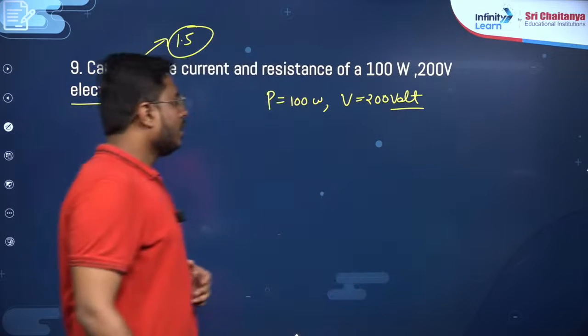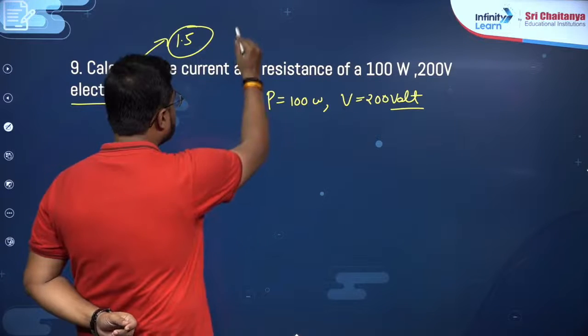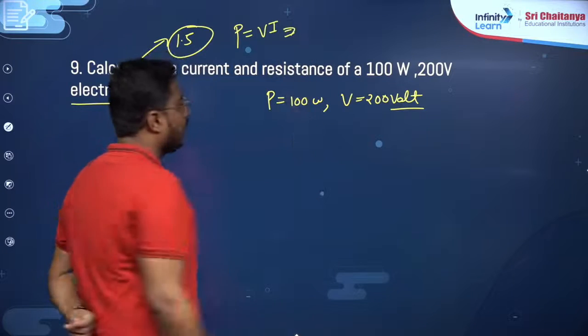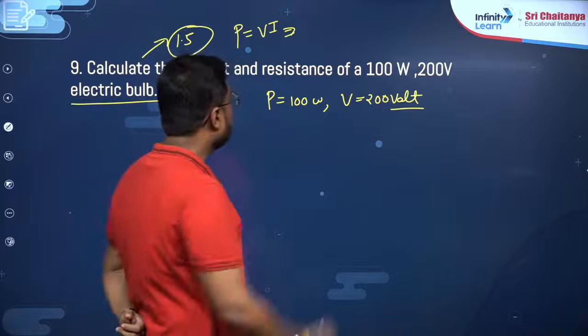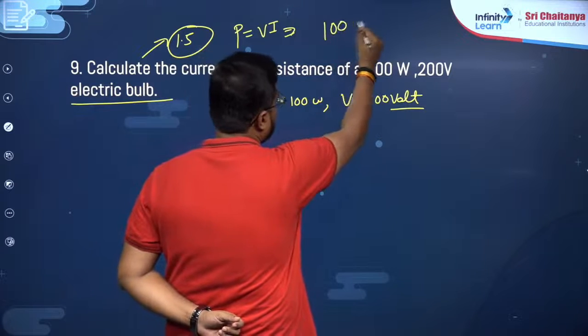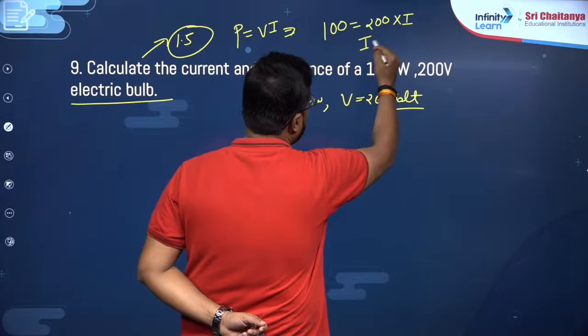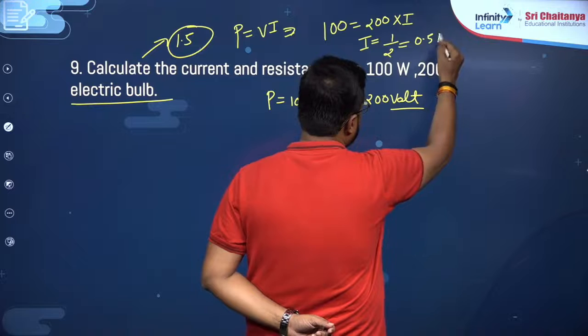Now, we all know the formula for power, that is V into I, correct? Moving further, what is given here? The power is given to you 100 watt, 200 and current. So what will be the current? 1 by 2. You can say 0.5 ampere.